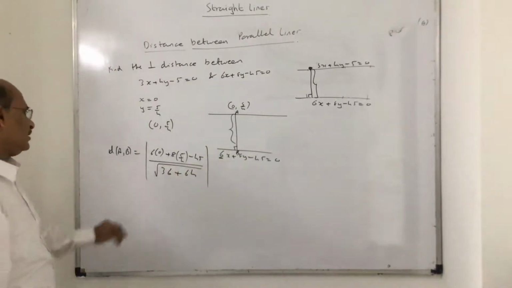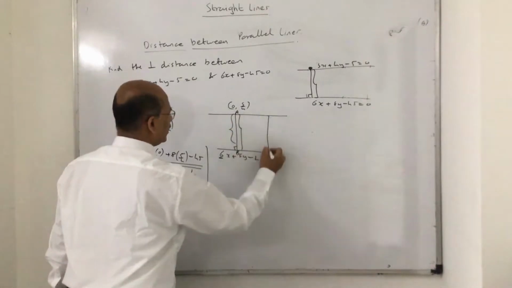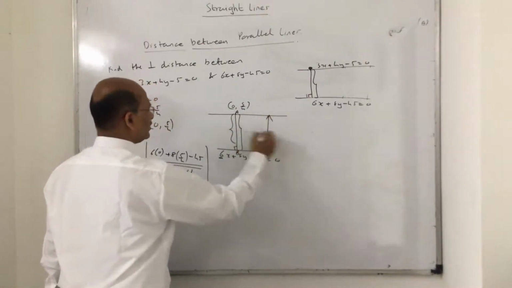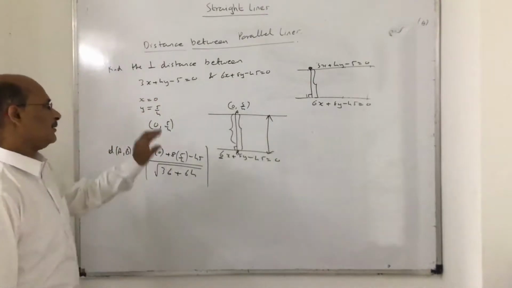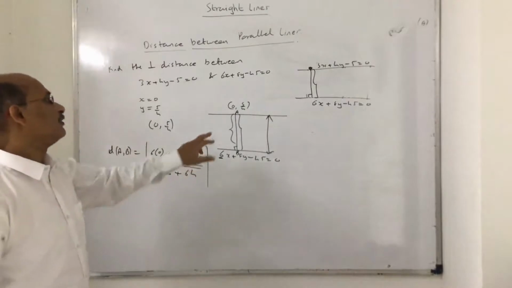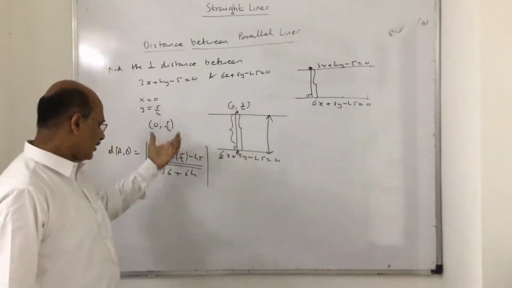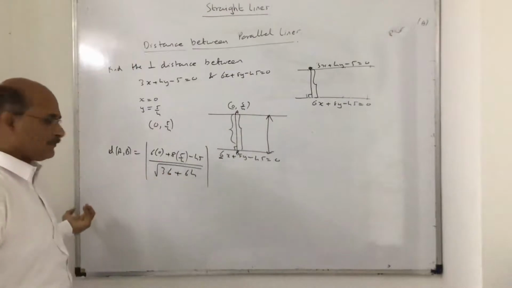Simple? That's it. Whether the distance is calculated here or here, as they are parallel lines, the distance is going to be the same. That is the logical reasoning you use to find the point, and then from the point-line distance formula you evaluate the distance as you did in the previous case.